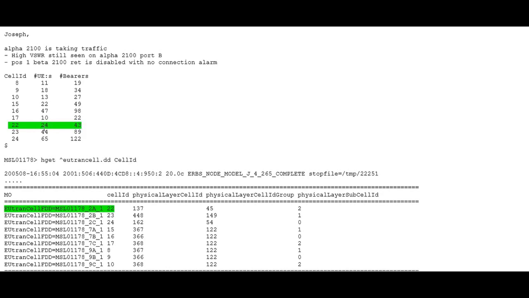But when we see numbers that look like this, where it's double here and then double again here and then double again here, and all the sectors look like, okay, alpha's taking some traffic and then beta's taking even more and gamma's taking even more, then okay, we're happy with readings like this. But traffic reports are vital. We can use them to determine if the issue that we're having is actually affecting the node's ability to take traffic, right?